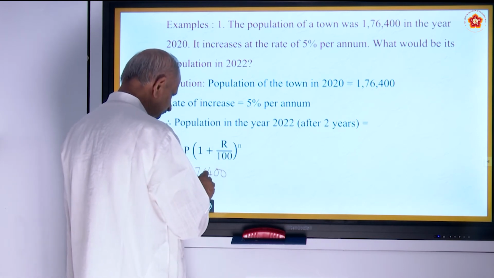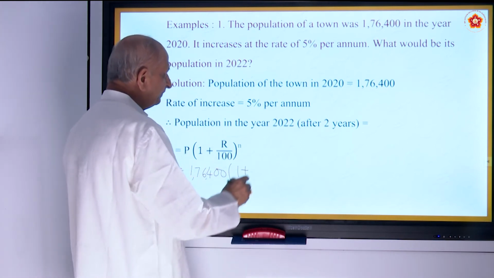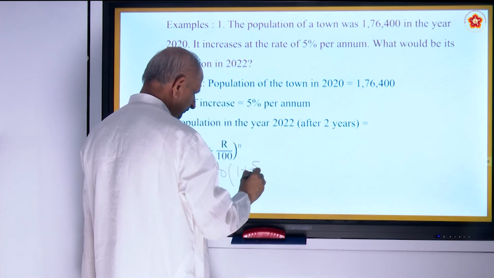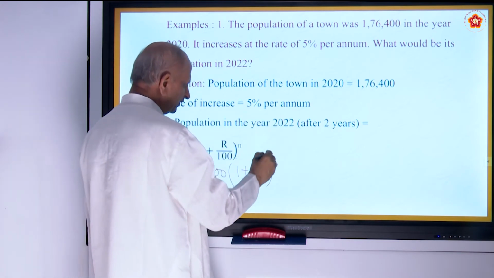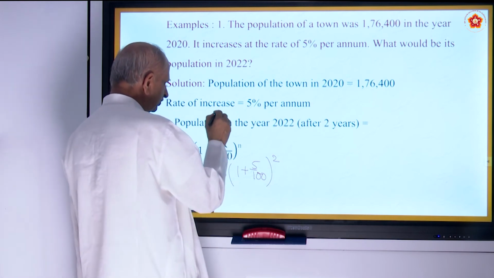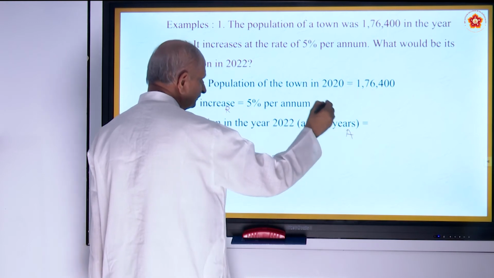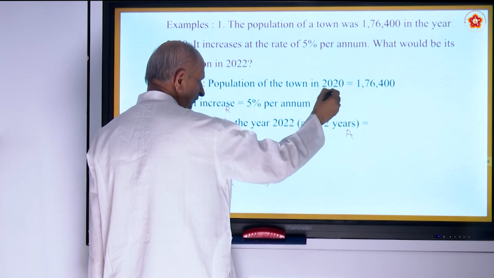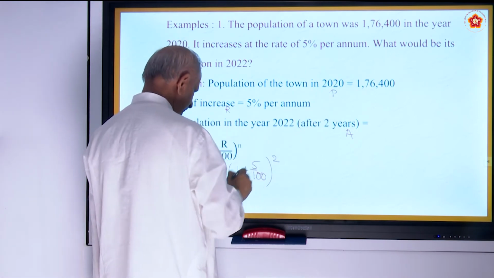1,76,400 into 1 plus rate of increase, 5 by 100, to the power of 2 years, so n is equal to 2. So this is R, this is A, this is P, and N is 2 years.